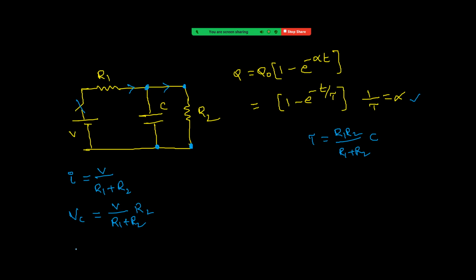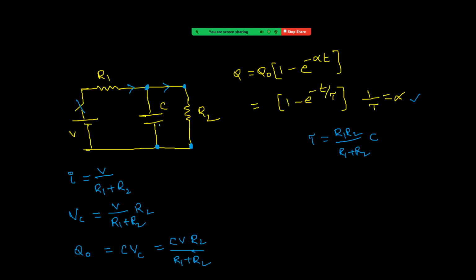Then charge will be, so Q naught is equal to C into potential difference across capacitor. So it is now CV into R2 by R1 plus R2. Okay. So we have to focus maximum charge means it is completely charged.